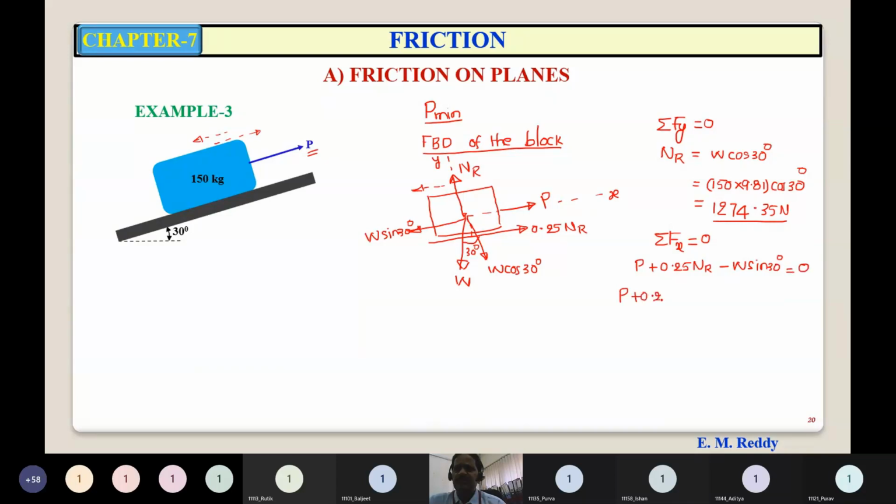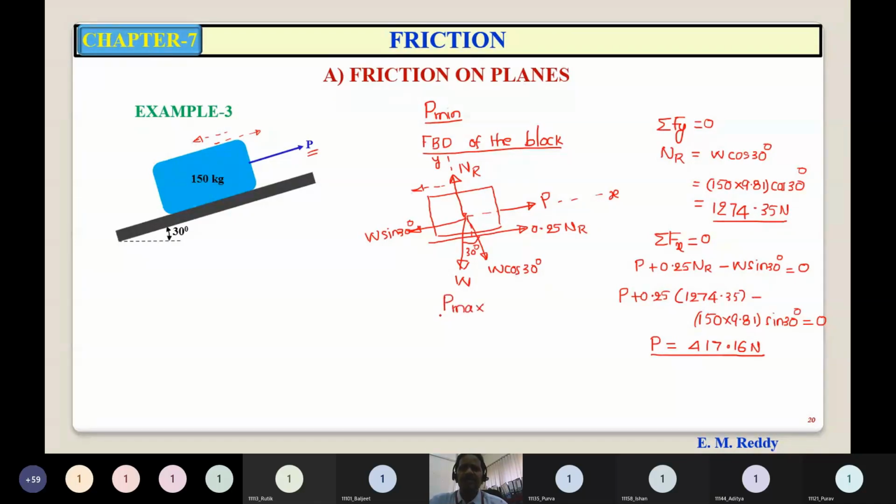So P plus 0.25 into 1274.35 minus 150 into 9.81 sin 30 is equal to 0. Solving this, my answer is 417.16. That is the minimum force required to maintain equilibrium.